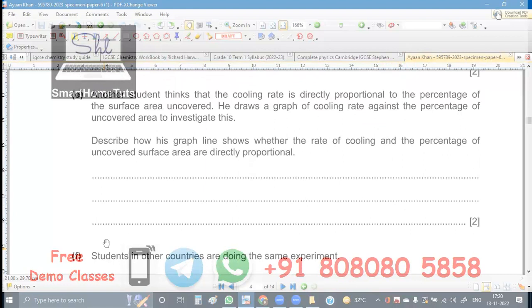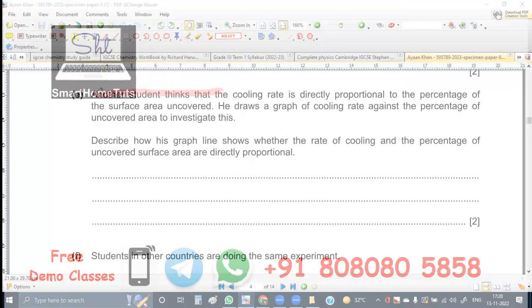The E part of the question. Another student thinks that the cooling rate is directly proportional to the percentage of surface area uncovered. We draw the graph of cooling rate against the percentage of uncovered area to investigate this.